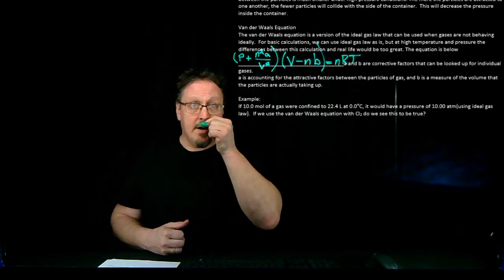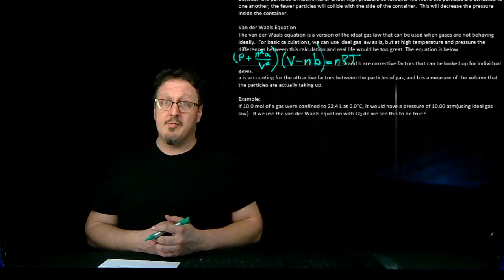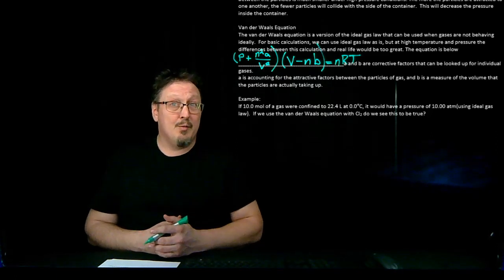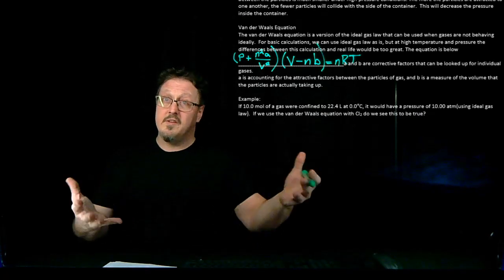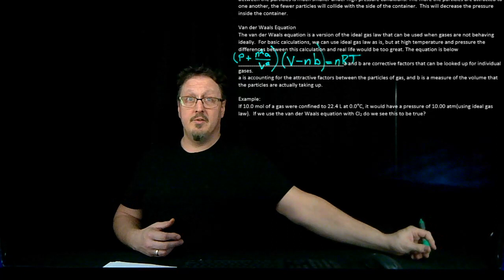Now, we can look up all these values. There are tables for them. They're available in most chemistry textbooks, in the CRC, and I would hazard to say you could probably find them online if you had to. So we can do this calculation with all kinds of gases and hopefully get some real values.